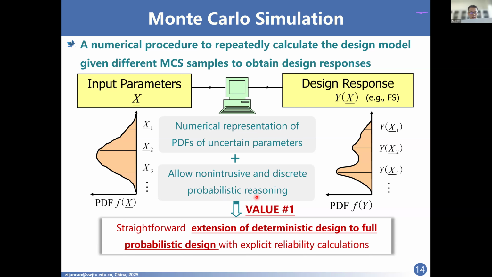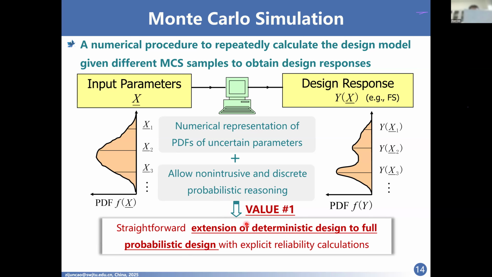This is one important value of Monte Carlo samples in the sense that it allows straightforward extension of conventional or deterministic design calculations to full probabilistic design.